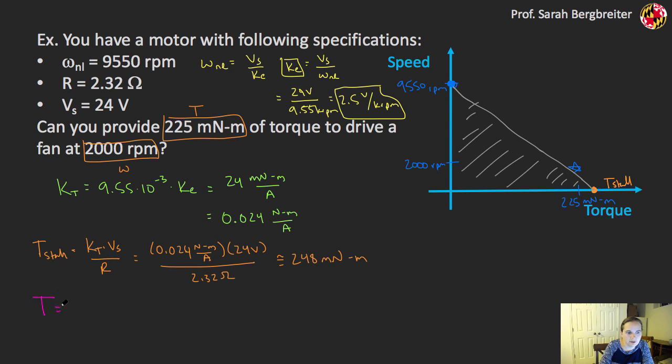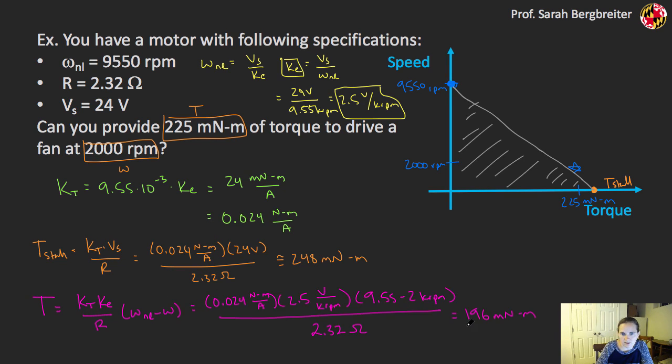And this comes from manipulating that basic torque speed equation once again. So my torque I can think of as Kt times Ke over R times the no-load speed versus the speed that I want to operate at. And so I can plug in my numbers here, and what I get in the end is that at that speed and at that voltage of 24 volts, I can apply a maximum torque of 196 millinewton meters.